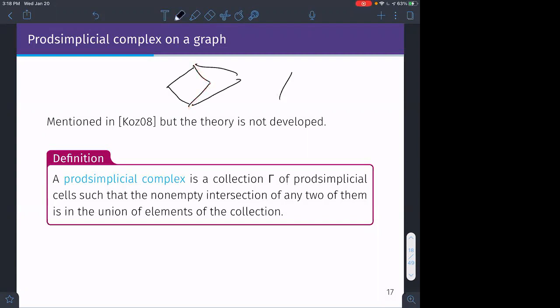But unlike when I have a triangle fixed to another triangle, where the edge connecting the 2 triangles is also a simplex, this pair of edges is not really a simplex, or a prodsimplicial cell either. It's just in the union of the faces of the 2 squares. So I need to tweak the definition of complex slightly to accommodate for that. Otherwise, it's still more or less following simplicial homology.